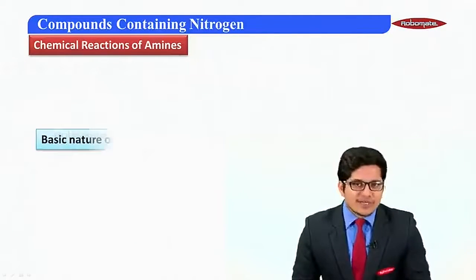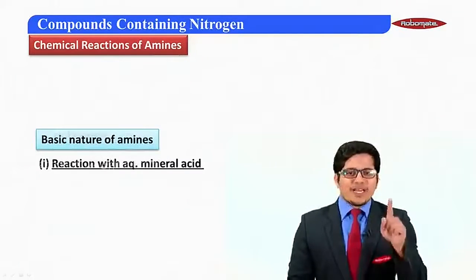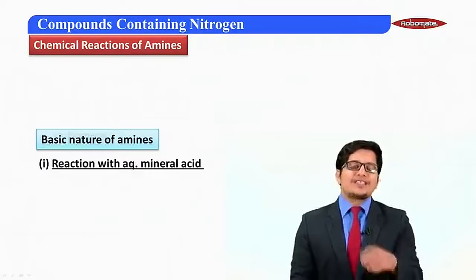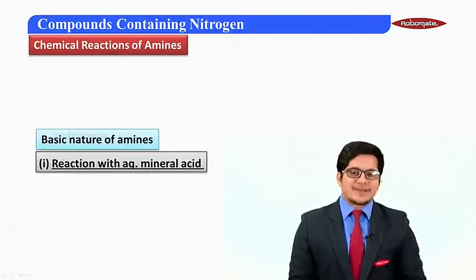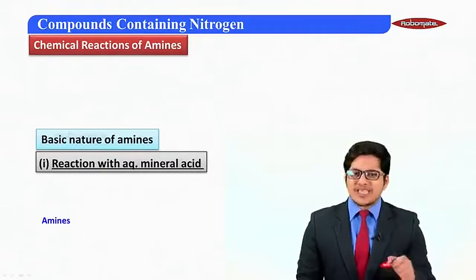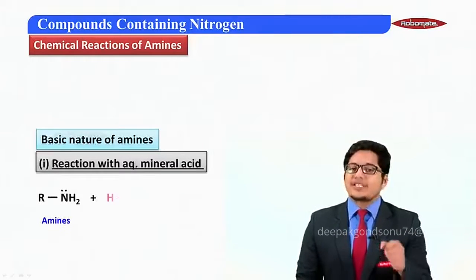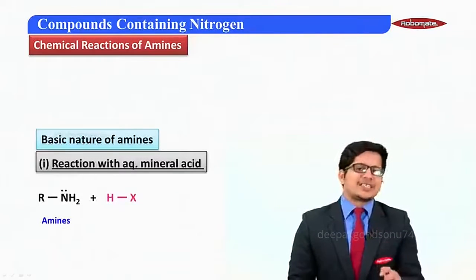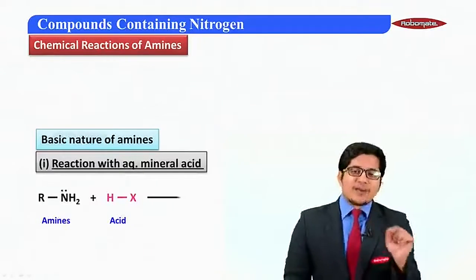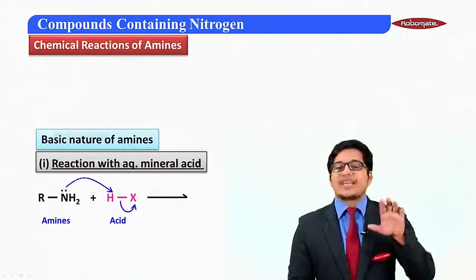To study the basic nature of amines, we require one reaction, that is, the reaction with aqueous mineral acids. Let's see what happens. We take an amine, RNH2, and add an aqueous mineral acid, HX. N donates its lone pair towards hydrogen and X is removed as X minus.